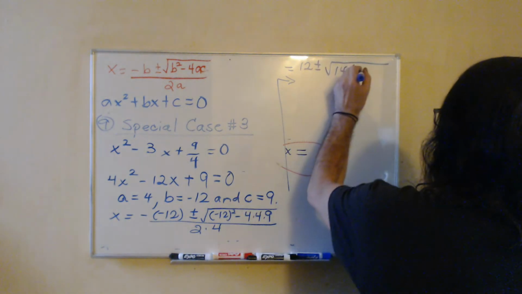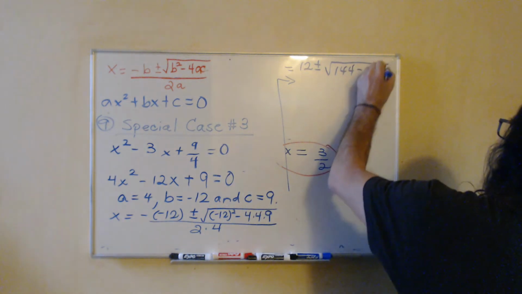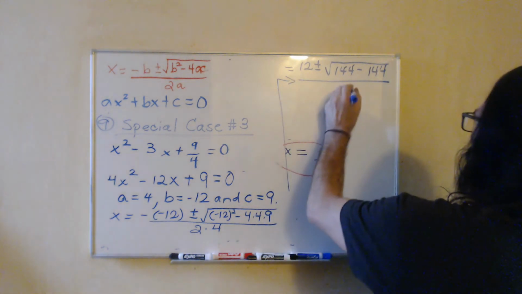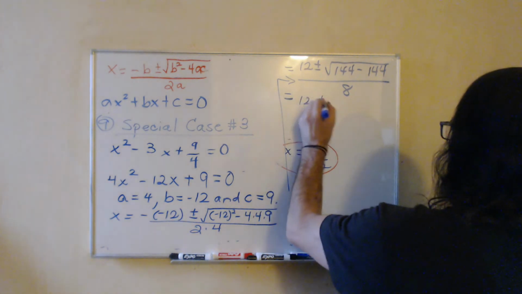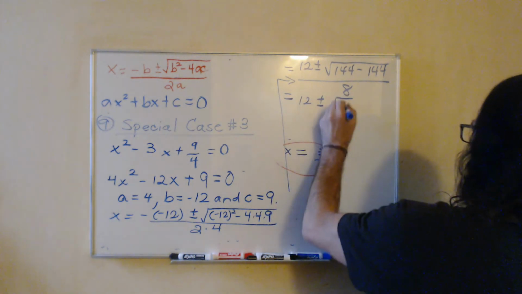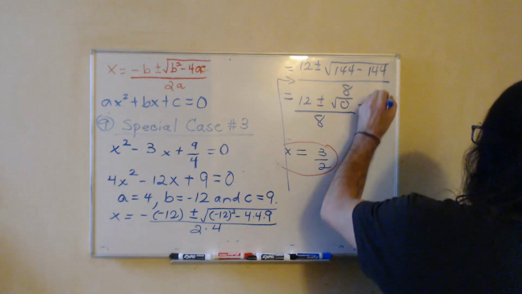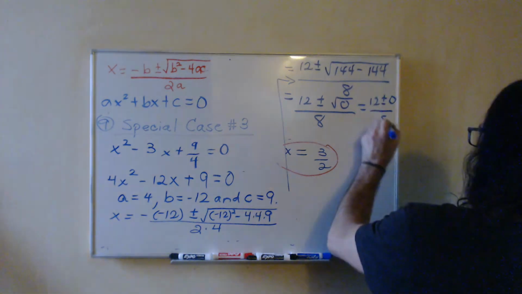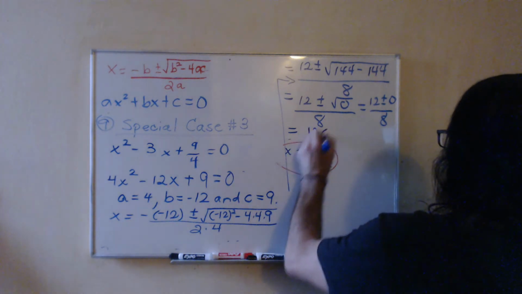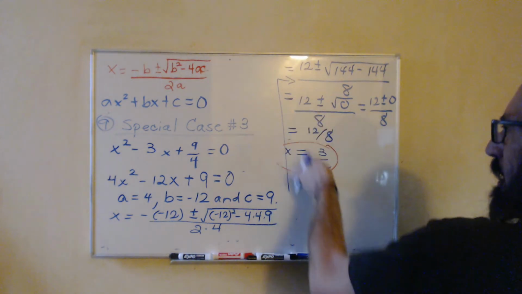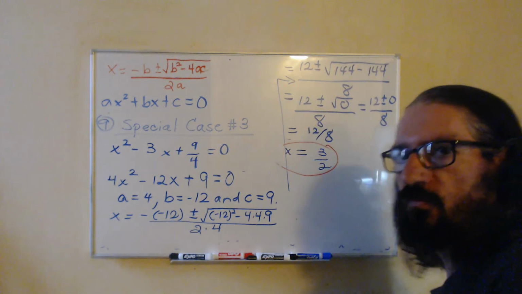Still only one minus. 4 times 4 is 16, and 16 times 9 is 144. In the denominator we have 8. Still my main concentration is on what's in the square root. Well, we're still getting 0. Subtract 0 from 12 or add it to 12. We're going to get 12 over 8, and dividing top and bottom by 4 is still going to give us 3/2.